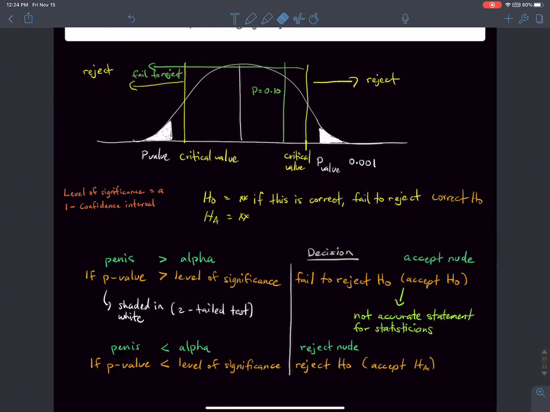How do I explain this? It's like this: 1 standard deviation, 2 standard deviations, or 1.96.